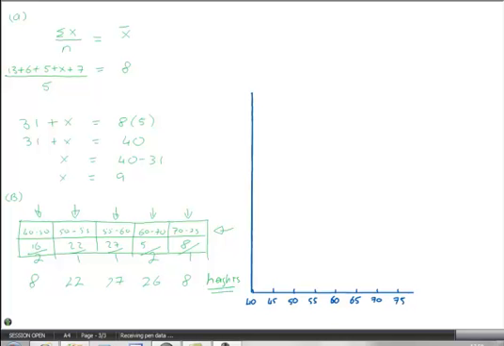Now that I know what my height is going to be, now I can label the vertical axis on the histogram and I can start filling everything in. So the highest that I'm going to go up to here is 27.